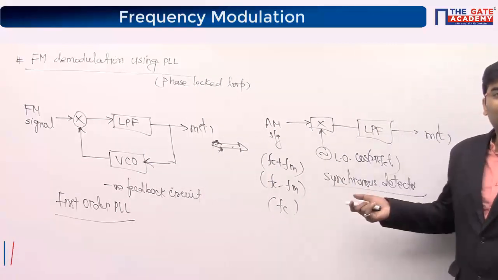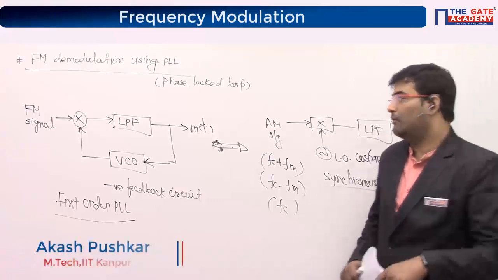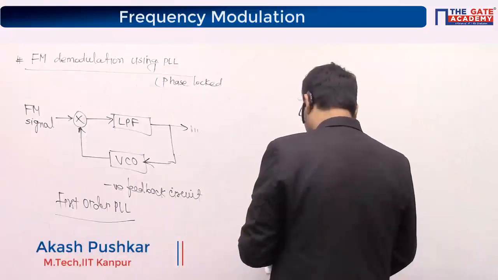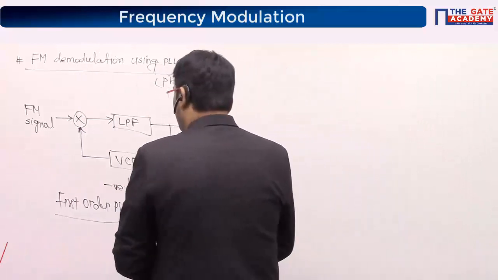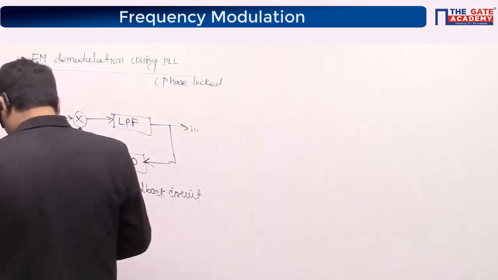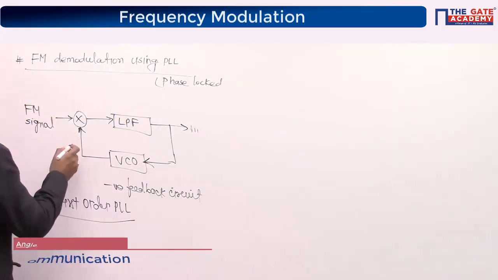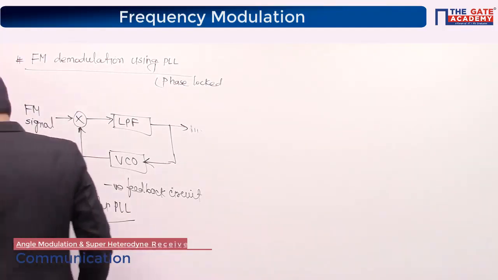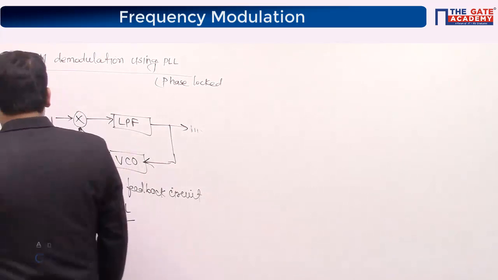Now whatever we have understood, we'll write. Chalo. So a couple of key points. Suppose you got the frequency signal here, AC cos, sorry, not message signal, frequency signal.